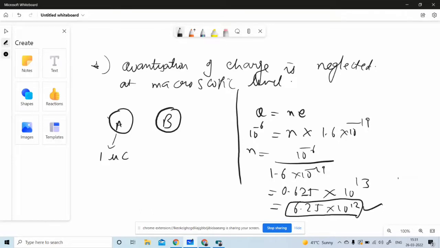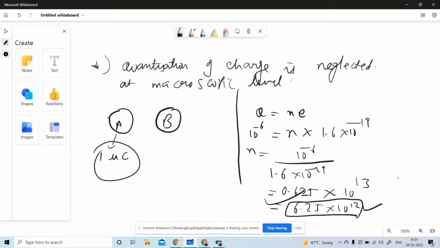Right? So it is not possible for us to follow the rules of quantization. That means we cannot take 1 electron, 2 electrons, 3 electrons, 4 electrons, because there are very large number of electrons which need to be transferred in order to obtain a charge of just 1 microcoulomb. Clear?